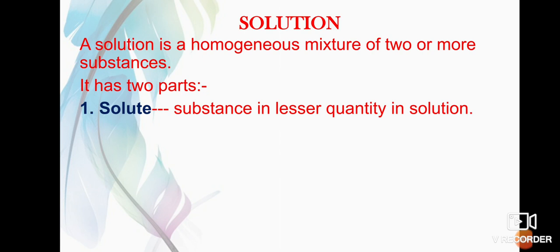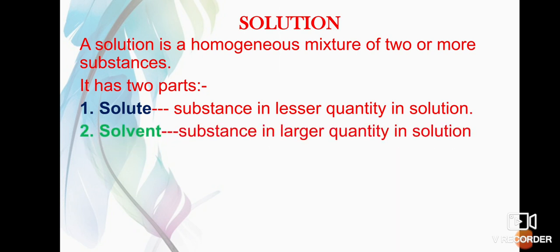If you want to make a solution, we use two or more components. The component used in less quantity is the solute, and the component used in large quantity is the solvent.